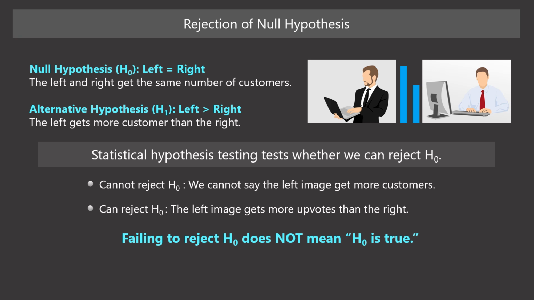Thus, even if we cannot reject a null hypothesis, we cannot say there's no difference between the two images. We can only say that we cannot say that there's a difference between the two. That is, we can only say that even if we can see the difference between the two, it is highly possible that the difference is a product of chance.